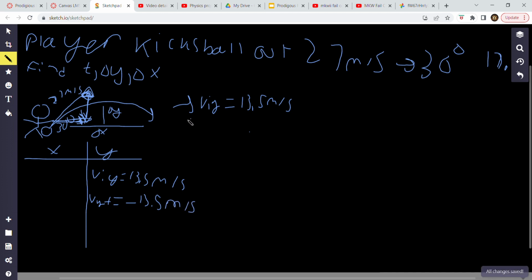For the Vx, it's just the short side times root 3. So I'll just plug this into my calculator.